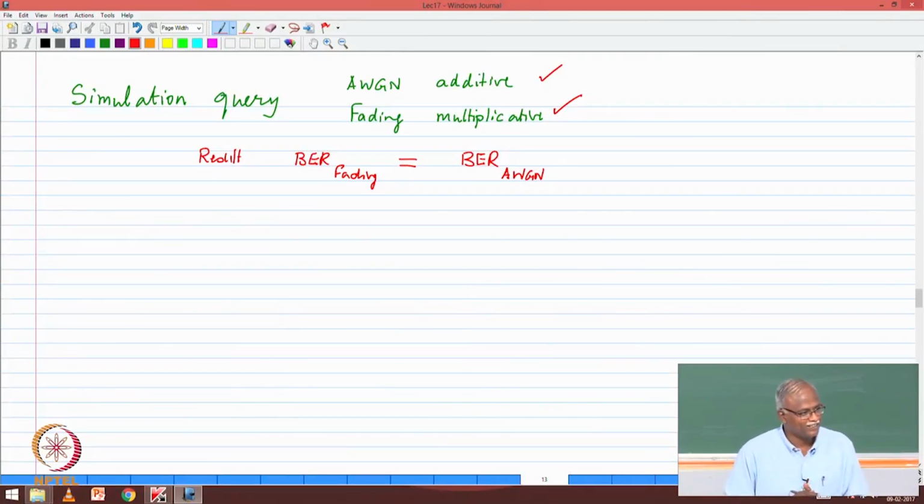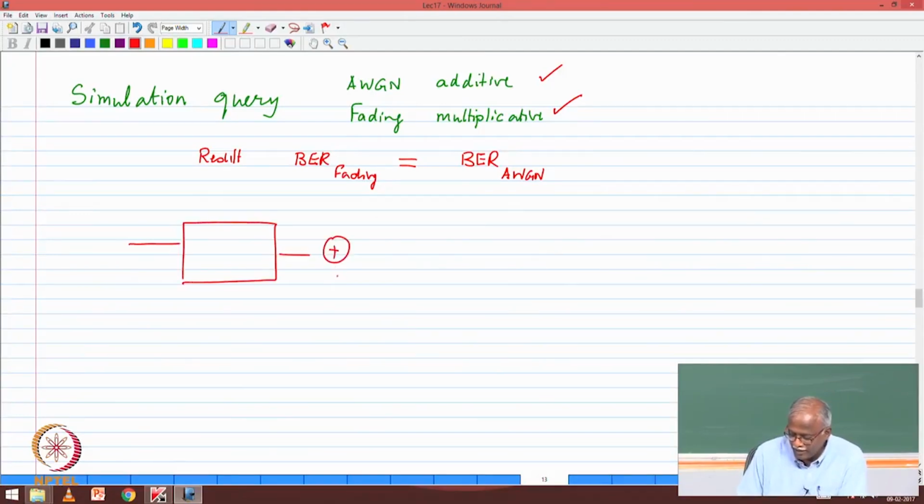What happened? He applied the fading after AWGN. If he applies the fading after AWGN, let me take a quick look at it. So this is the transmitter, which added the noise AWGN. So that means you have a certain Eb/N0 happening here, or in other words there is signal coming in, noise coming in, and this is the multiplicative factor alpha.